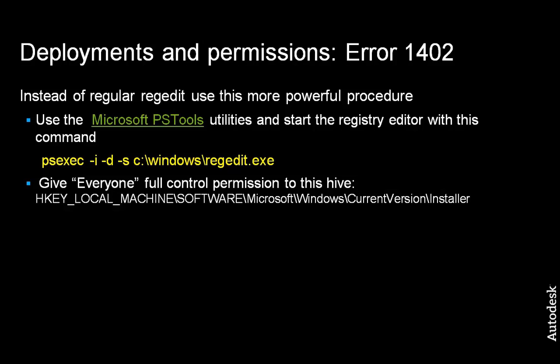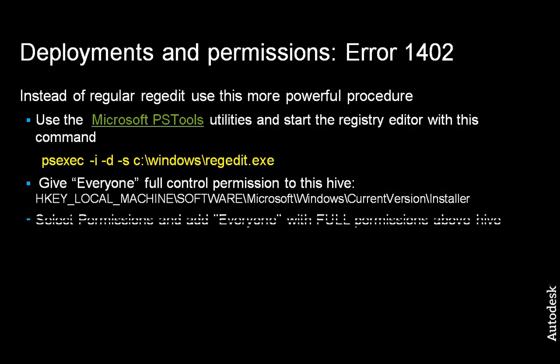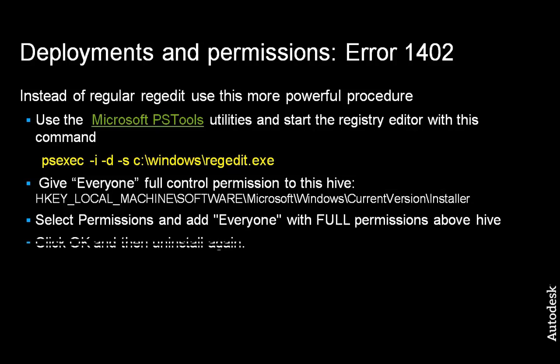In my case, I gave everyone full control on that particular local machine hive. And so I selected permissions and added everyone with full permissions. Then I clicked OK and tried the uninstall, and it worked fine.